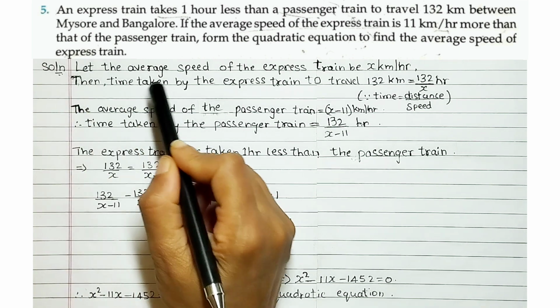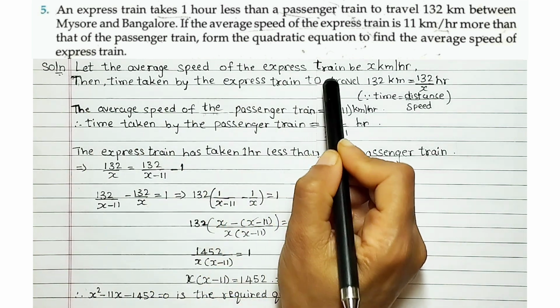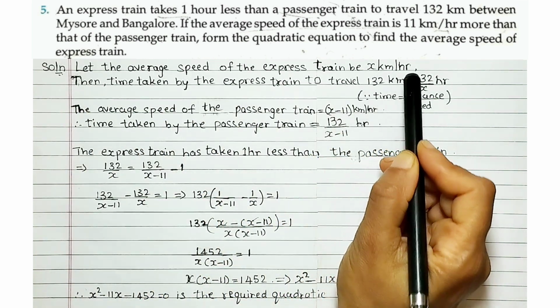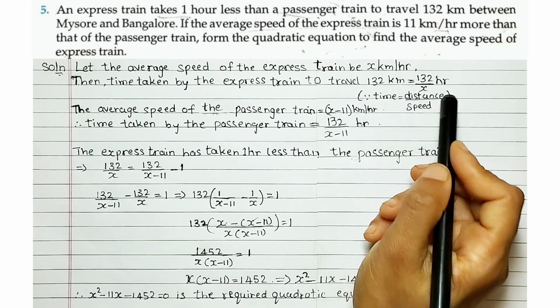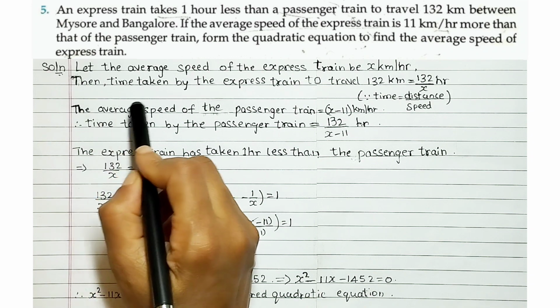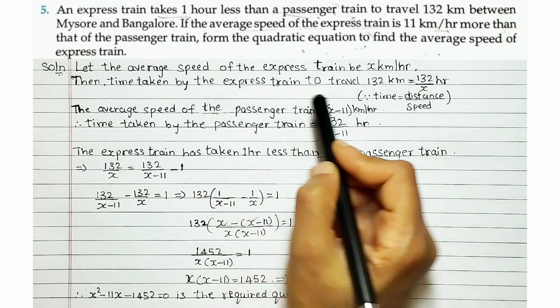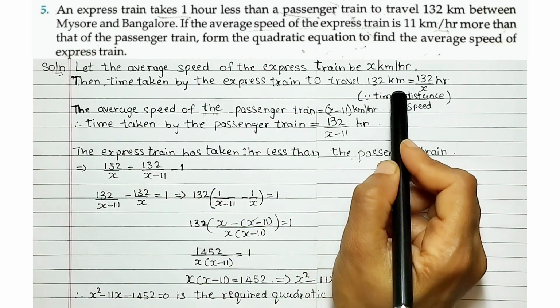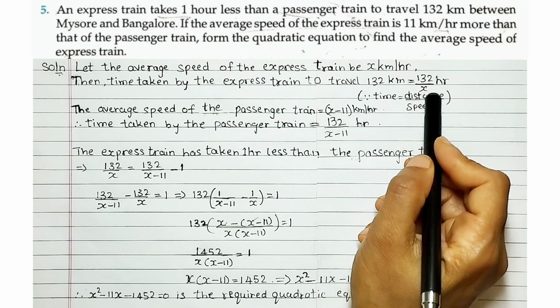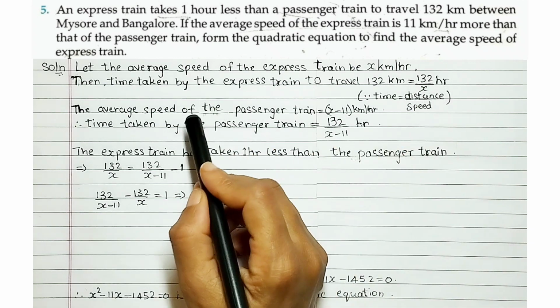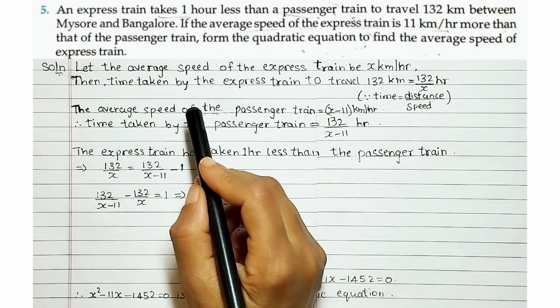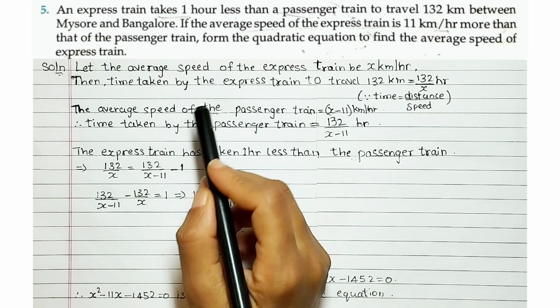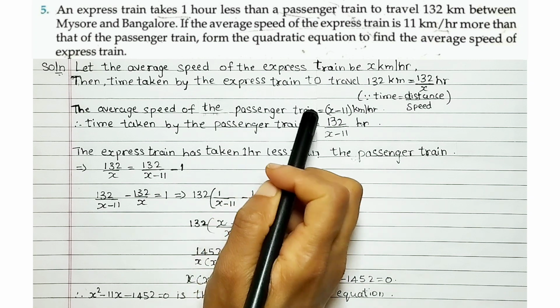Solution. Let the average speed of the express train be x km per hour. Per hour means we require time. We know that time is equal to distance by speed. Then time taken by the express train to travel 132 km is 132 by x hour. According to the question, the express train has speed 11 km per hour more than the passenger train.